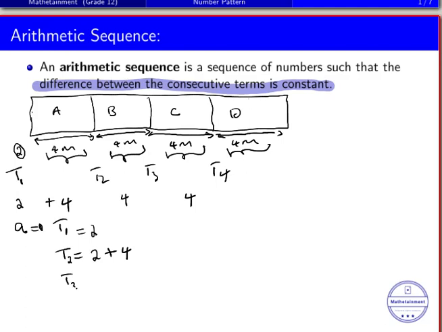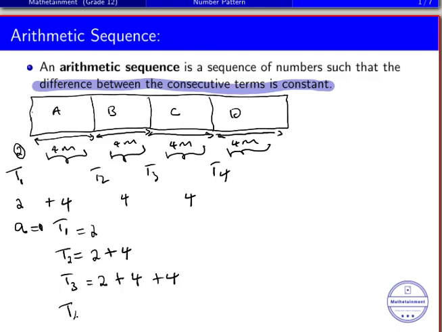My T3 is equal to 2 plus how many classes am I going to pass from class A to class C? Because my T3 is class C. And every time I count my classes, I always refer them to my first class. So on my third class, starting from my first class of 2, passing from class A to class B, I add 4 meters. From class B to class C, I also add 4 meters.